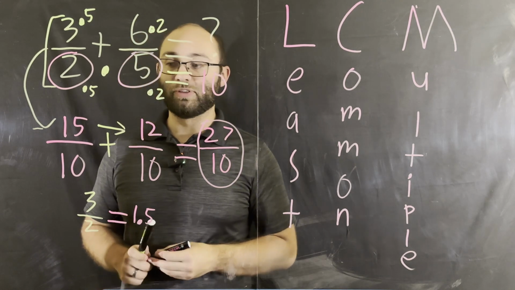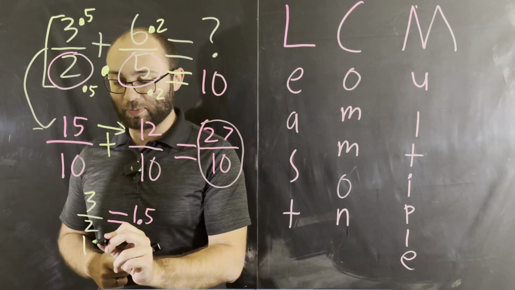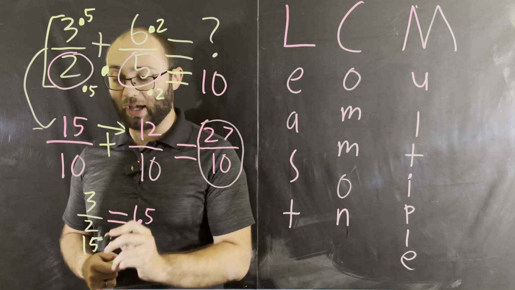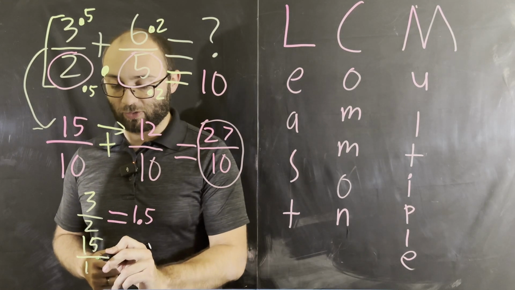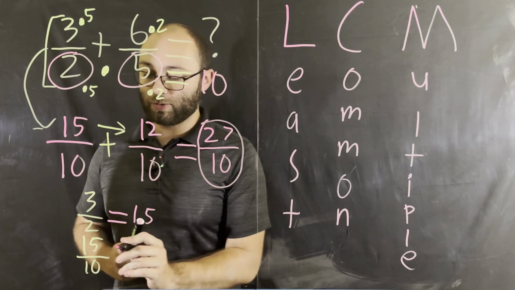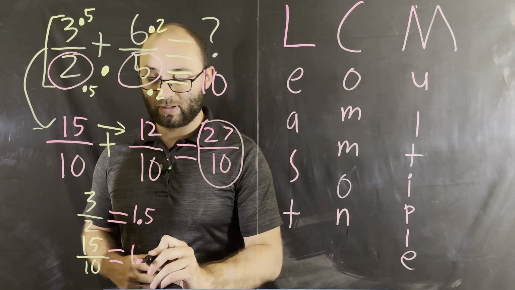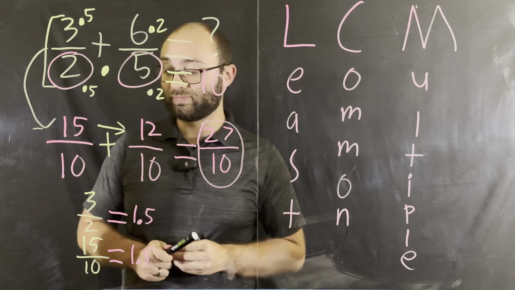So that's our decimal. And if we look at our new fraction that we get after multiplying the top and the bottom by 5, we get 15 over 10, which if I take a minute again for you and convert that to a decimal, I get 1.5 again.